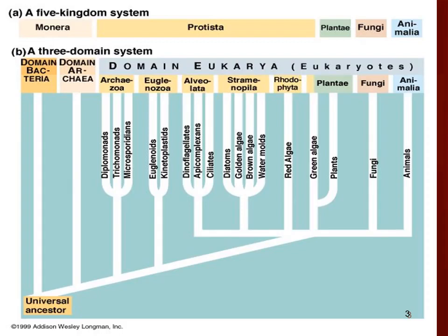Then another system appeared in science, known as the 3-domain system, that includes domain Bacteria, domain Archaea, and domain Eukarya or eukaryotes, which distributes all living organisms in this branch.